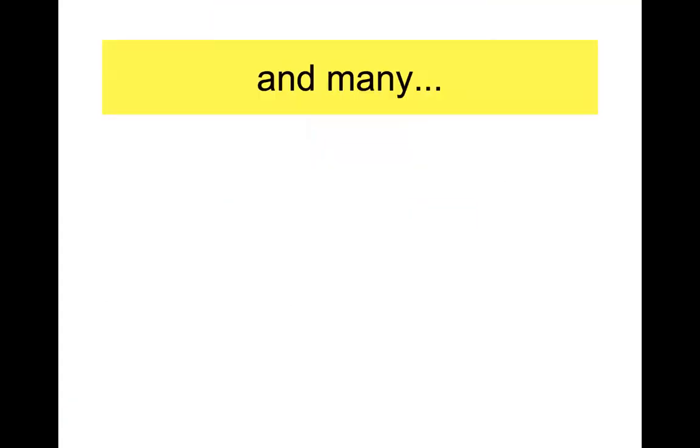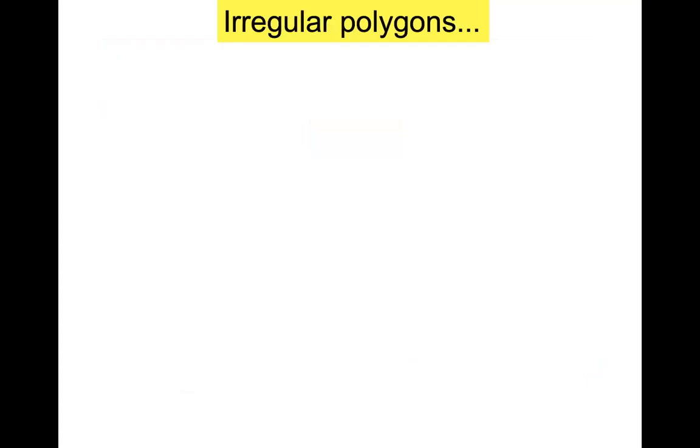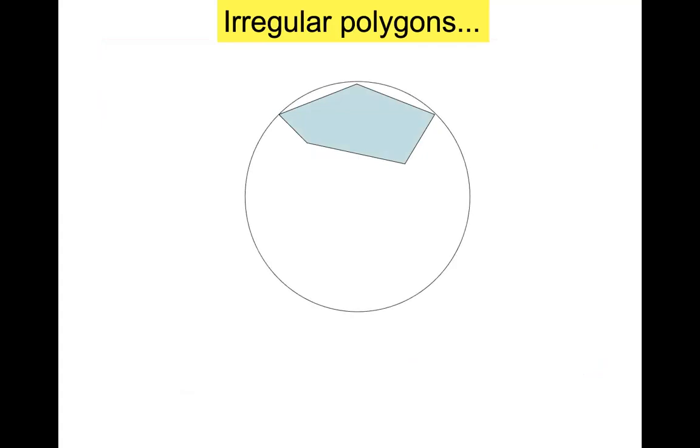Many other shapes can also be inscribed inside. But for irregular polygons, here's an irregular pentagon right here. And notice that this particular irregular pentagon cannot be inscribed inside of a circle. Just so we're clear, I'm not saying that you can't inscribe a non-regular shape inside of a circle.